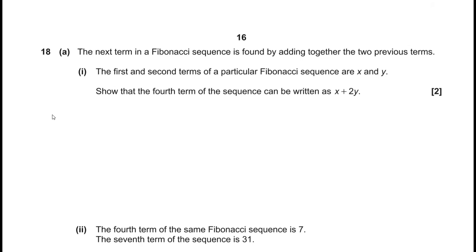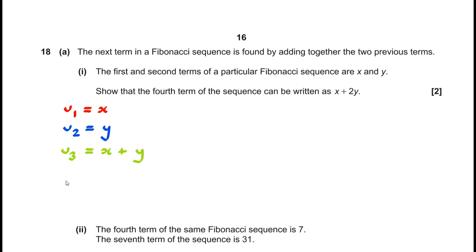We have the first term, u1, which is equal to x. The second term, u2, is equal to y. The third term then, u3, that's found by adding together the two previous terms. We've got x plus y.